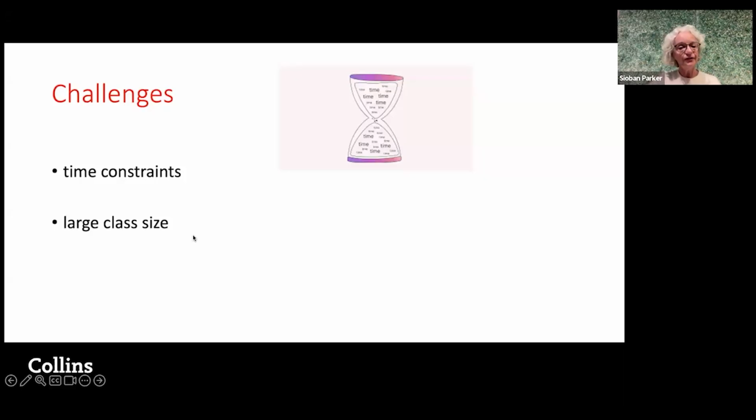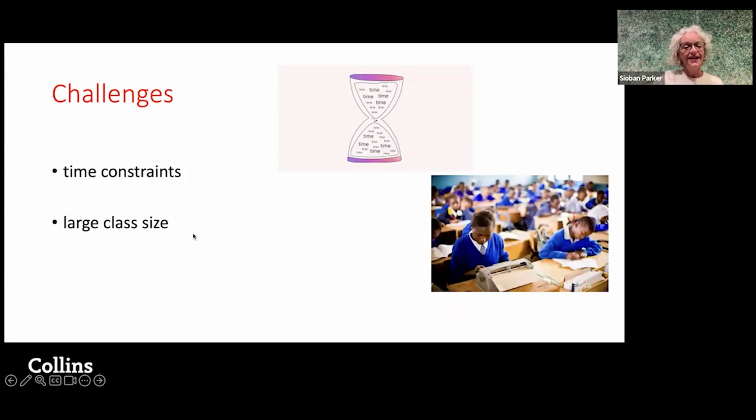Okay, how am I going to do that? So I would suggest here very quickly with the solution, you could use a mix of whole class feedback, peer feedback, or you could use digital tools that automate feedback, and I will show you something in a moment. Or you could just use simple rubrics or success criteria.